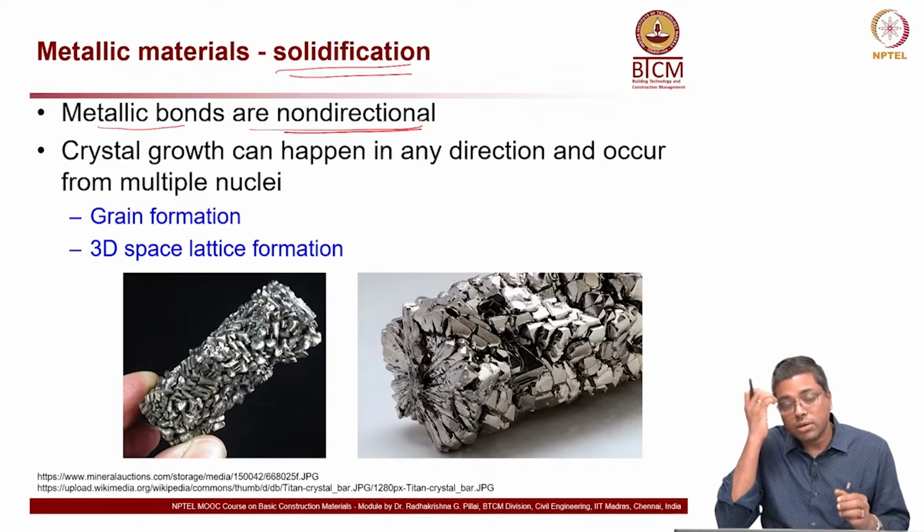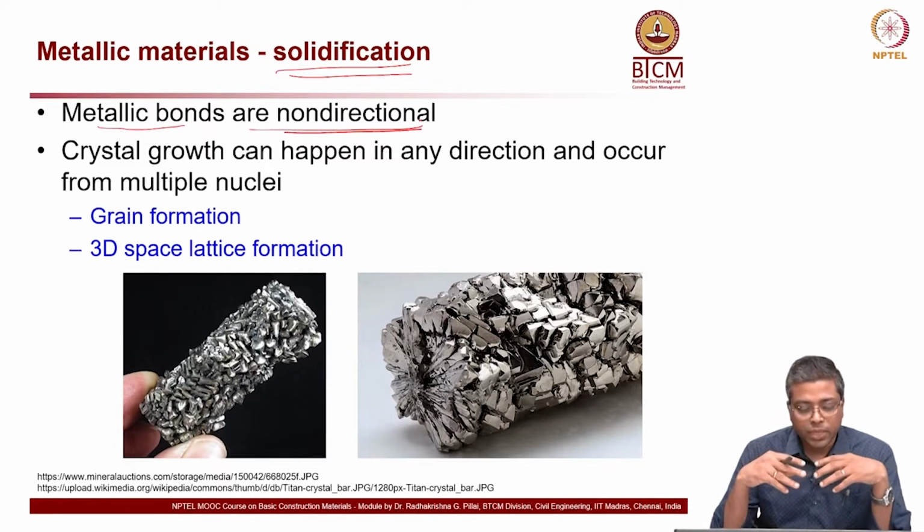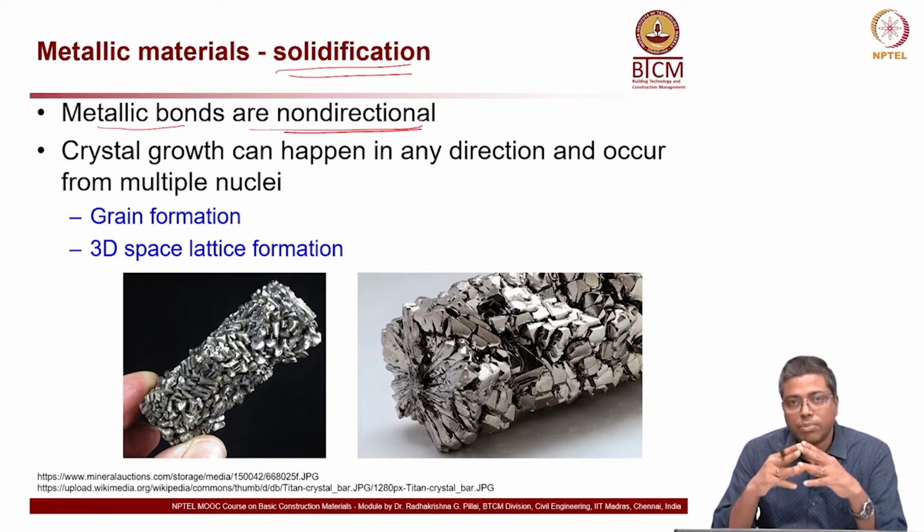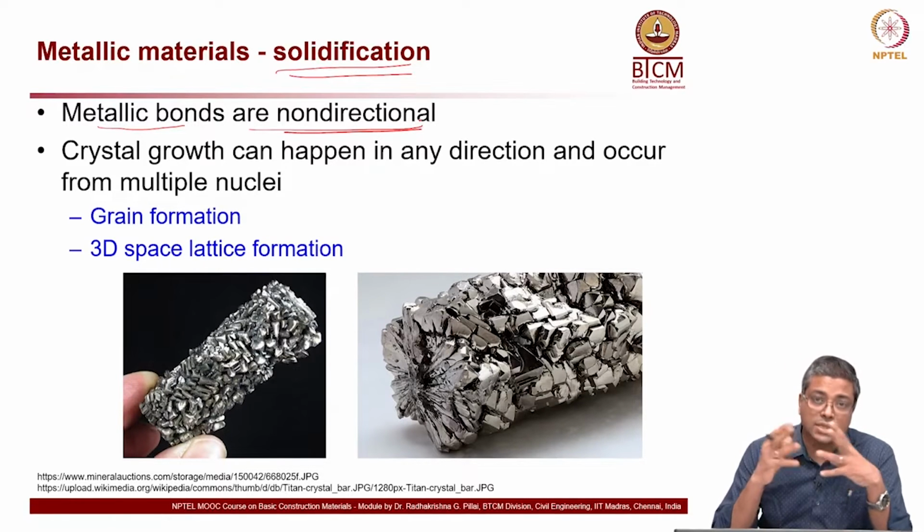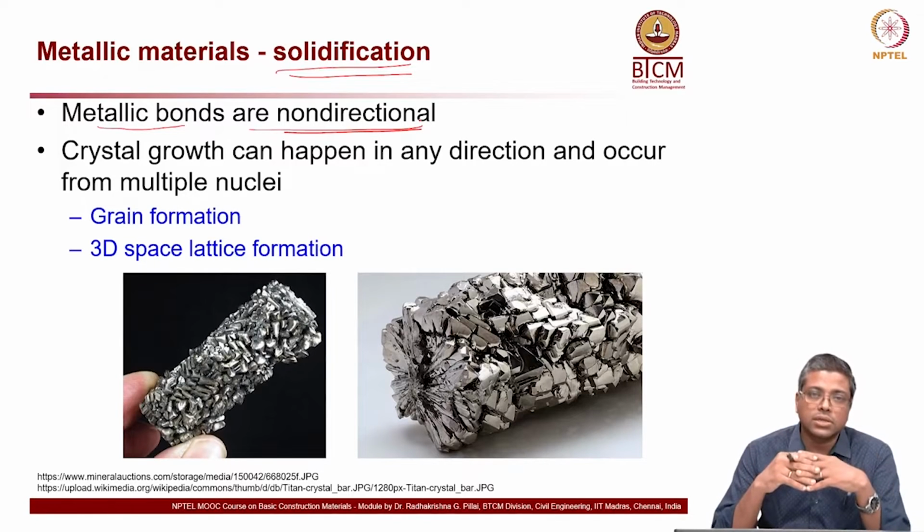Why it is happening is because of the crystal growth. When the molten material is cooled down, or when the temperature comes down, crystals start forming. Okay. And depending on the rate at which it is cooled, the way in which the crystals grow also matters, as does the size of the crystals, or the grains, as we will call them later on; we will talk in more detail about that.